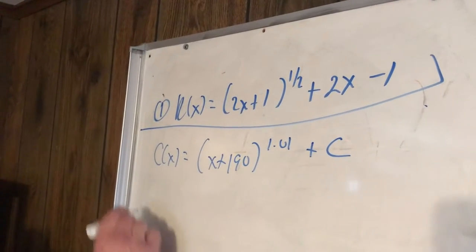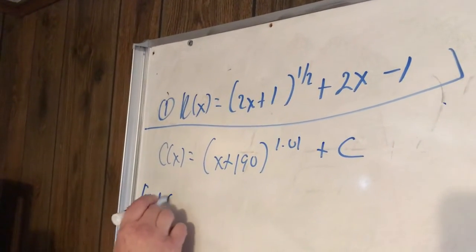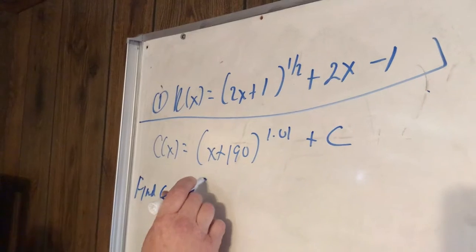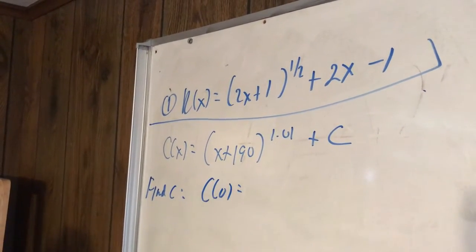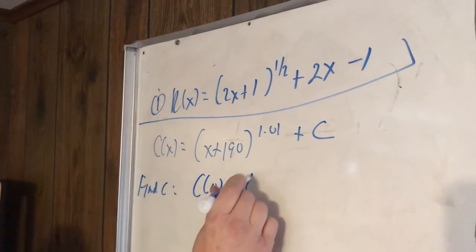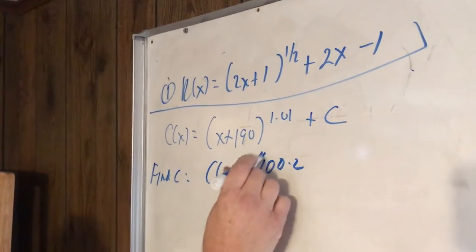I want to find C. I know that when x is 0, C of 0 equals 100.2.